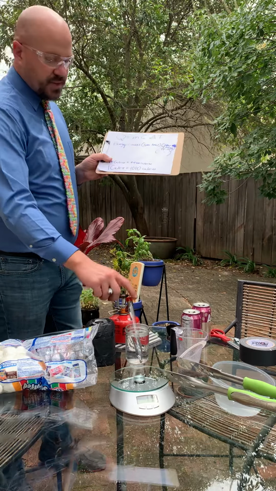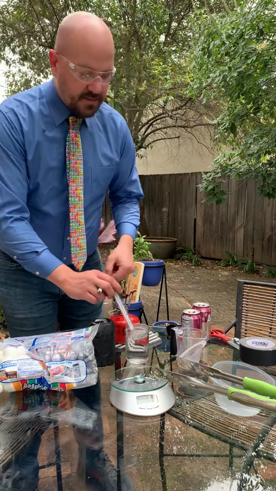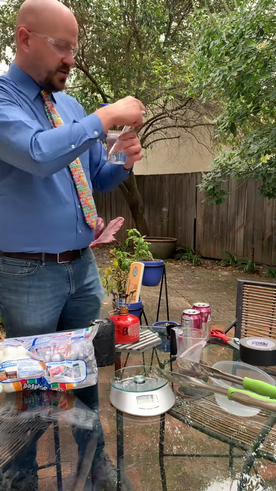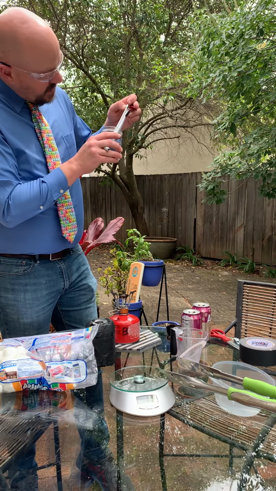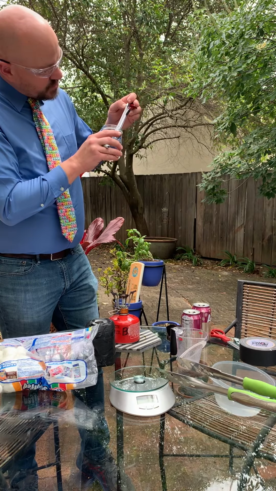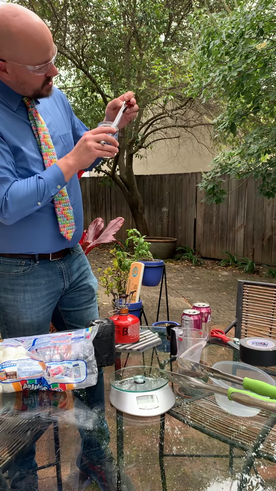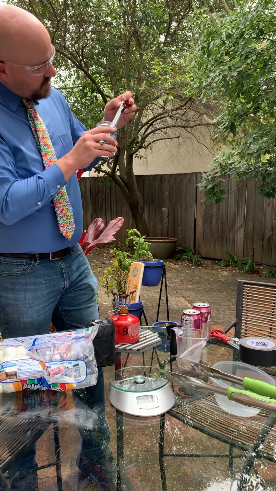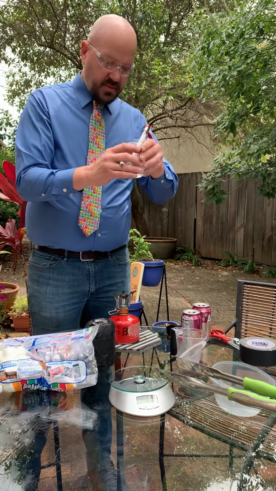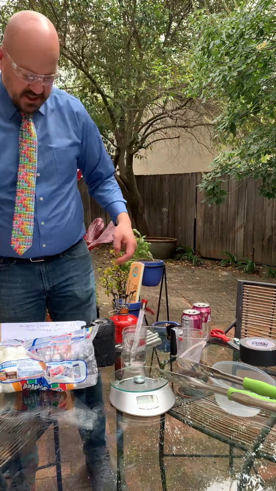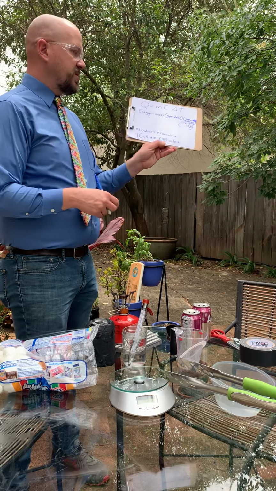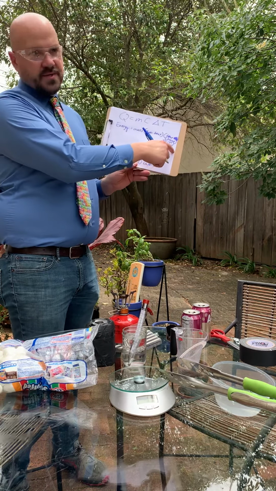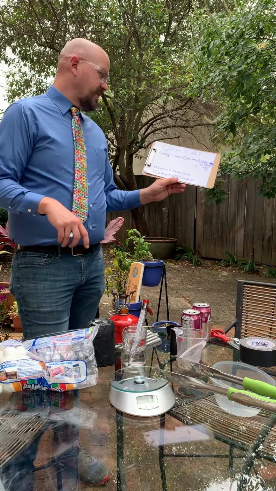So the initial temperature, which I'm just using a candy thermometer here to measure, looks like about 23? Nah, more like 22. We're gonna go with, this water is 22 degrees right now. So 22. We're starting with the last thing first.